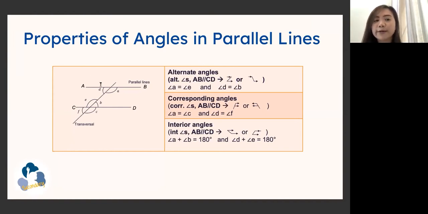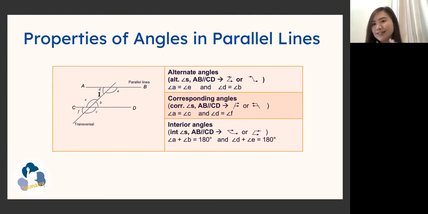Another way to identify would be to look at their positions relative to the transversal line. So you look at this line that cuts across AB and CD. The line that cuts across, we call it the transversal line. Alternate angles A, E and B, D fall on opposite sides of the transversal line.